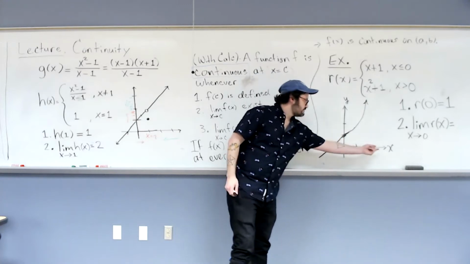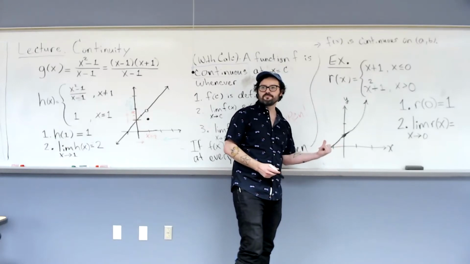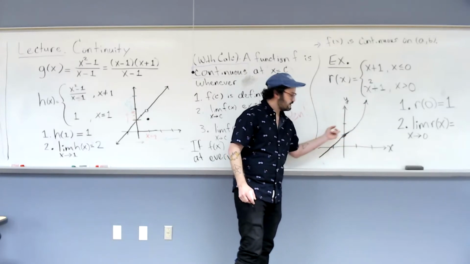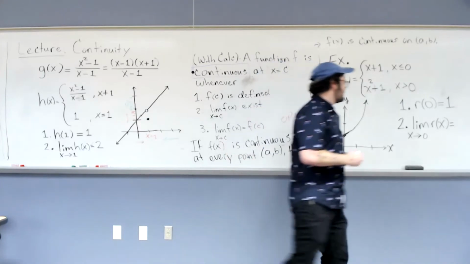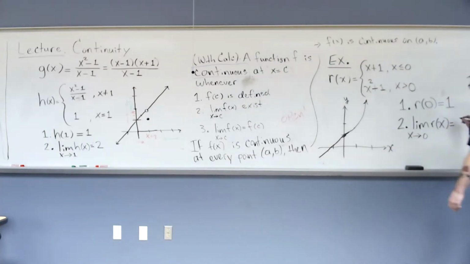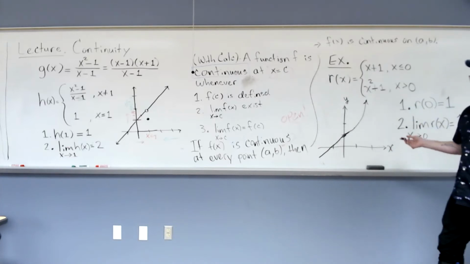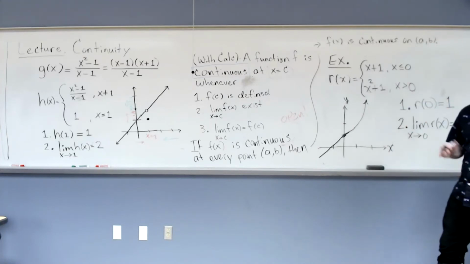What about for x greater than 0, heading towards 0? Well, there, as we're getting closer, it looks like it's also going towards 1. So these two are equal. So these two things together say that r of x is continuous at x equals 0.